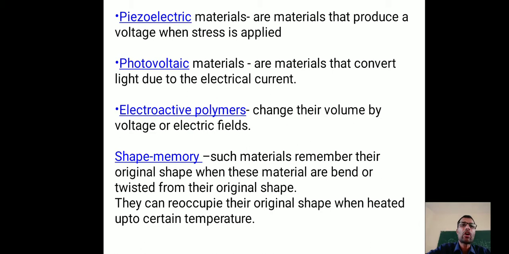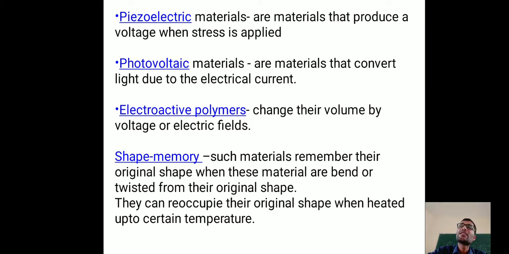Then shape memory alloy. Shape memory alloys are such materials which remember their original shape when these materials are bent or twisted from their original shape. What is shape memory alloy?